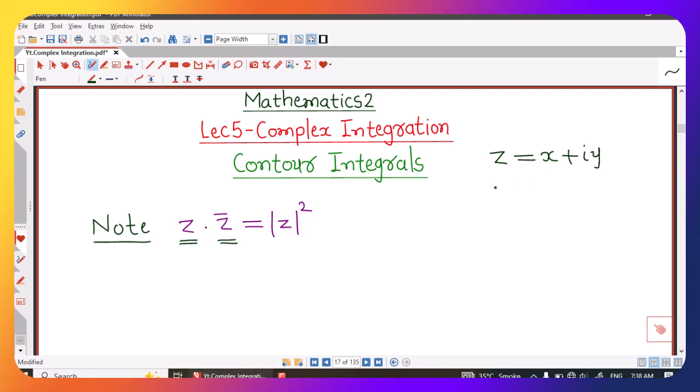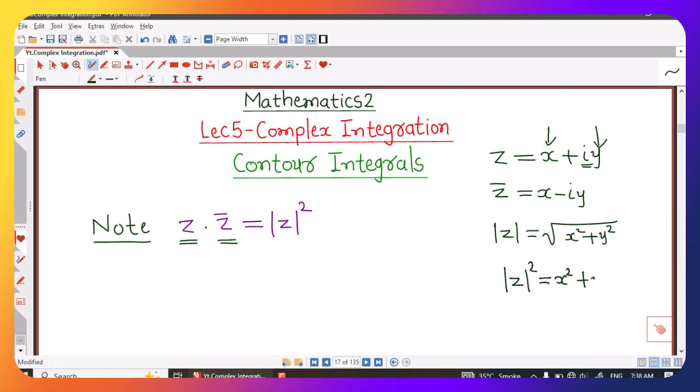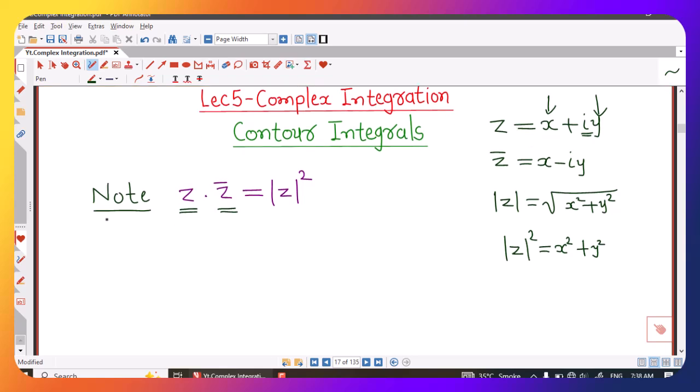If z is x plus iy, then the conjugate of z is x minus iy, that is, replace i by minus i, and the absolute value of z is the square root of the square of the real part of z, that is x square, plus the square of the imaginary part of z, that is y square. If we square both sides, we obtain x square plus y square equal to the square of the absolute value of z. This we can easily prove.